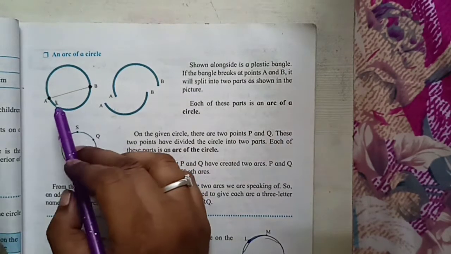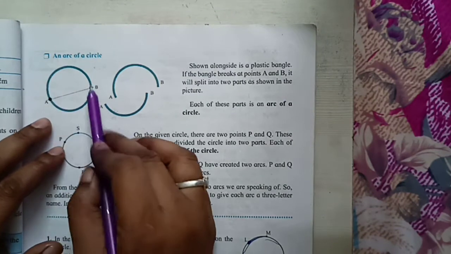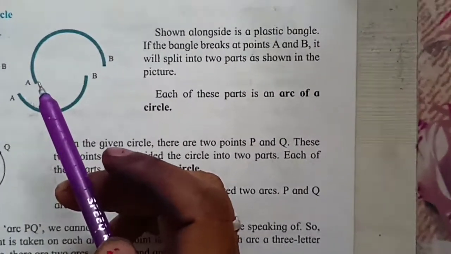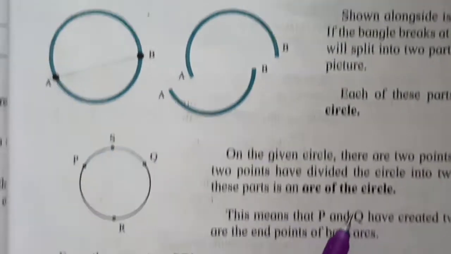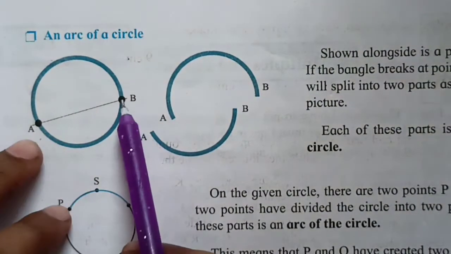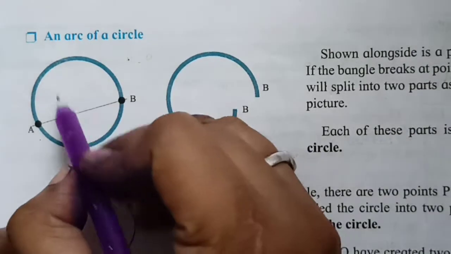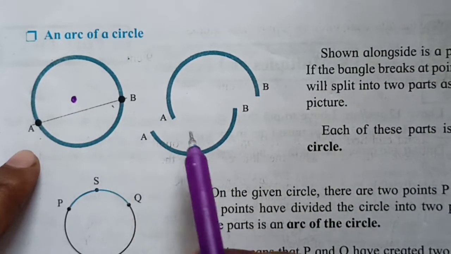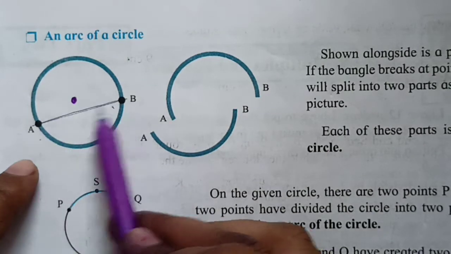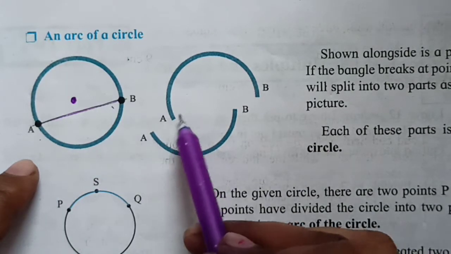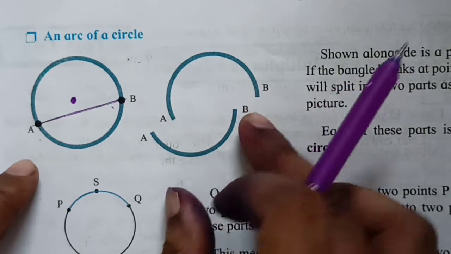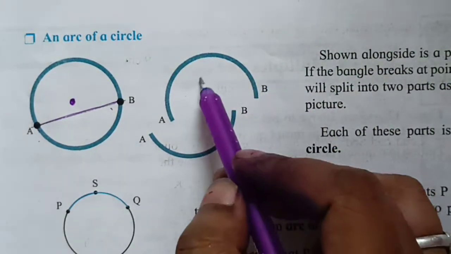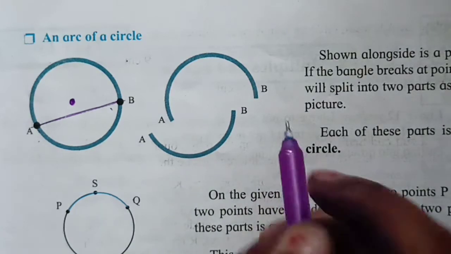Clear? Now as you can see it is a circle, and here you can see AB. AB is a chord because the center is here, and AB is a chord. If you cut along AB, this circle is divided into two parts, not equal parts, but it will divide into 2 parts.